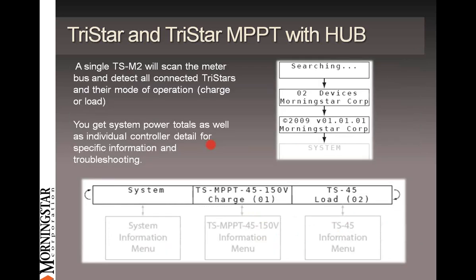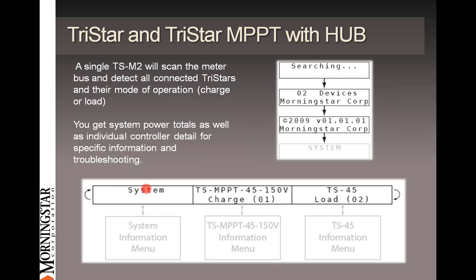Now what you'll see on the meter is when you turn the meter on, you do need to set an ID number. You put the meter on each controller and give it an ID number. Once that's done, they're all unique. It's really easy to do through the meter. It's one of the few things that is set up through the meter for this reason. And once that's done, you can hook them all together through the hub. You can search, and you'll have all your devices, your serial information, and your versioning.